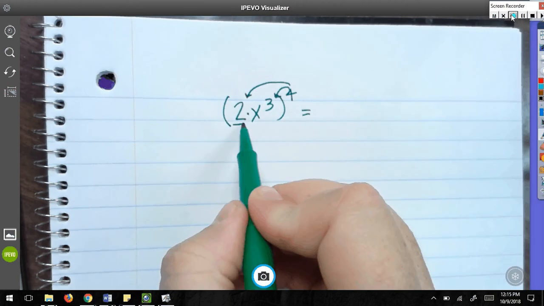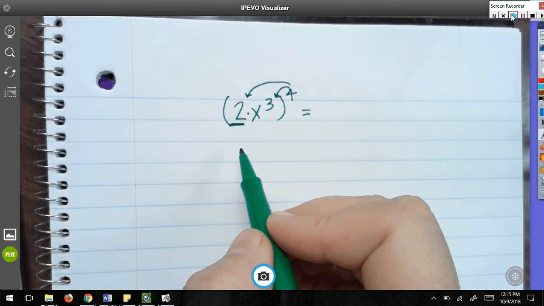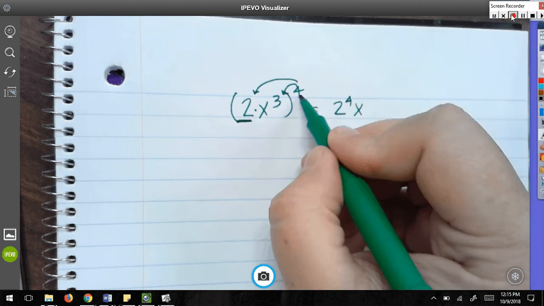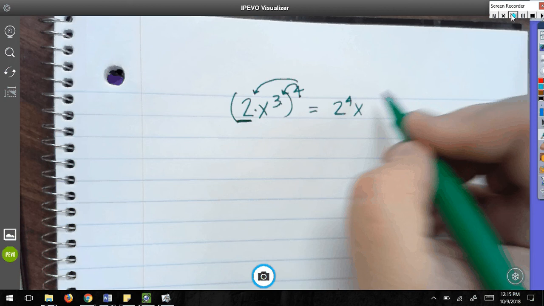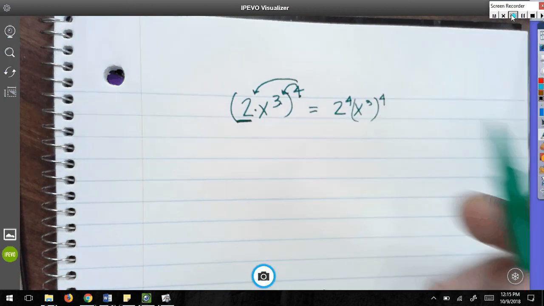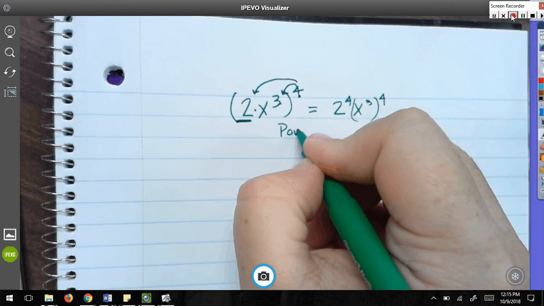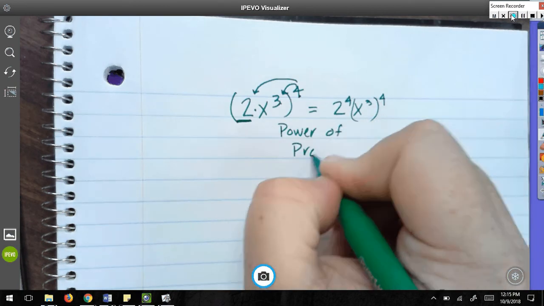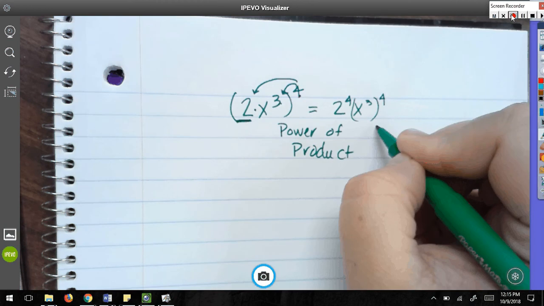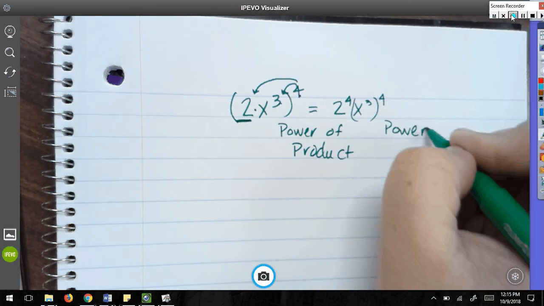Understand that 2 is its own piece, and I have to treat it like an independent piece. So I get 2 to the fourth, x to the, and look at this. I had the third, but now I'm raising it to the fourth. So whereas this was power of a product, all of a sudden now I also have power of a power.